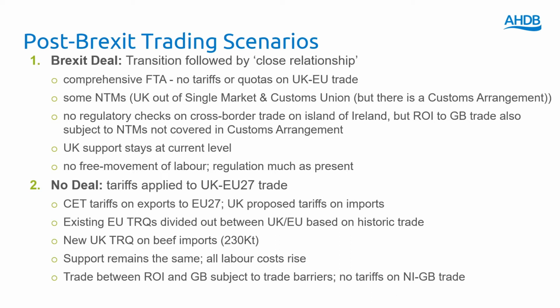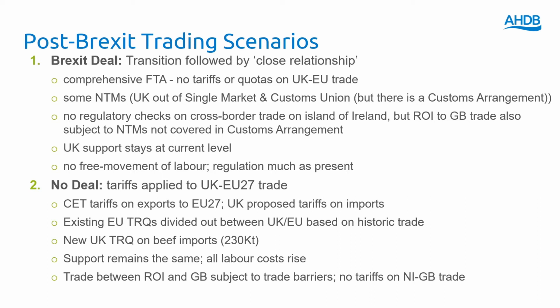However, based on the communications that the UK government has been releasing in recent months, there would be no tariffs, of course, between Northern Ireland and GB trade, because, of course, Northern Ireland is part of the UK.